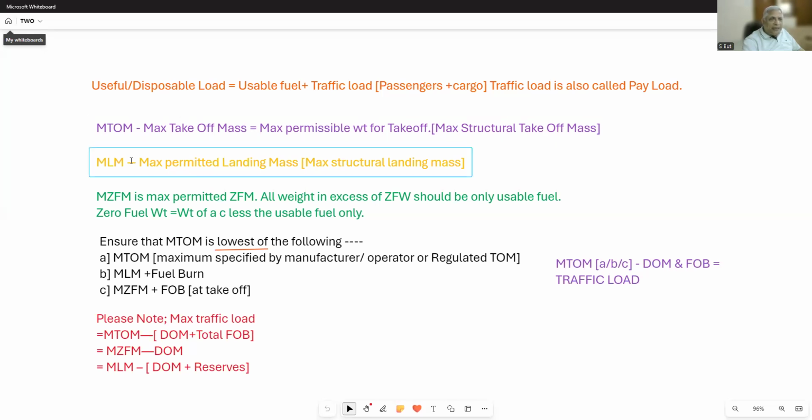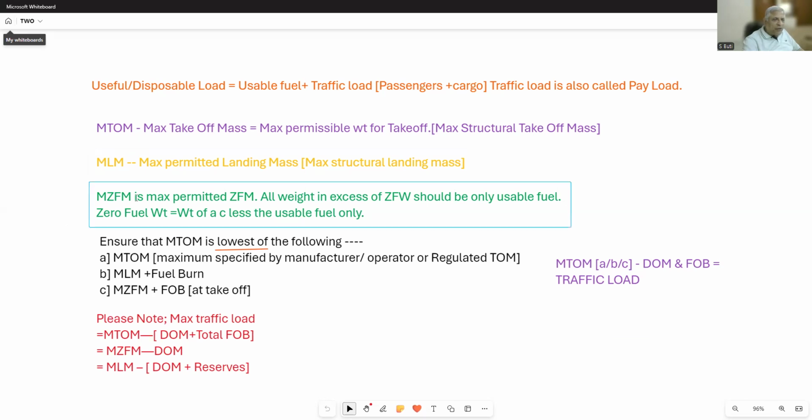Then, depending upon the type of undercarriage and the landing speeds, many aircraft have a restriction imposed that this will be your maximum landing mass, also known as maximum structural landing mass. If you land with more than this mass, it is at your own risk. You may cause damage, or your undercarriage may collapse. Now, if you are carrying very little fuel, it does not mean you can load more passengers.